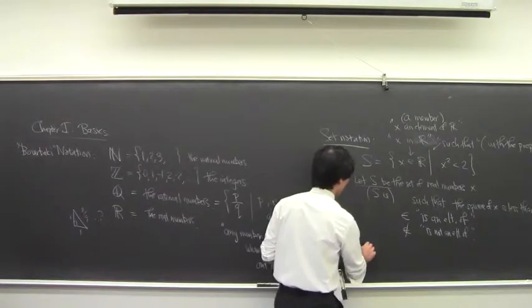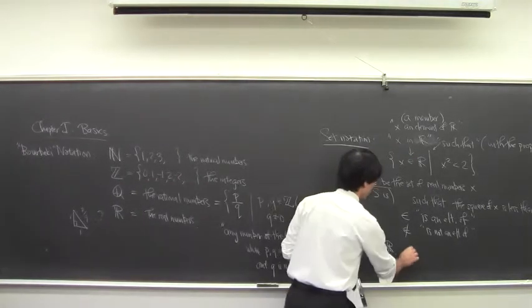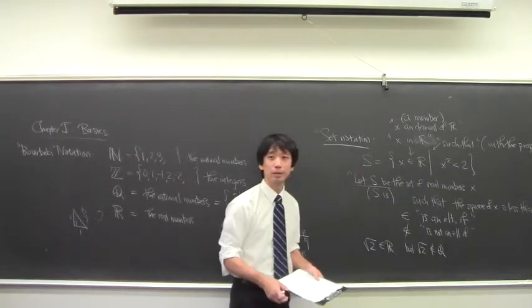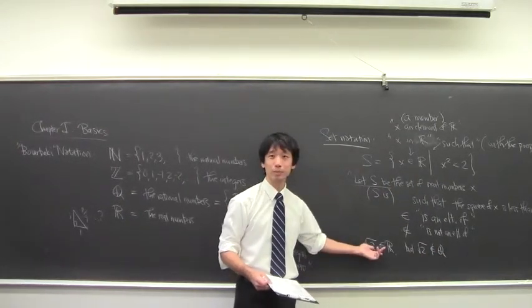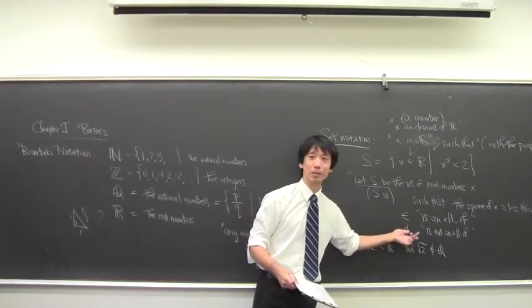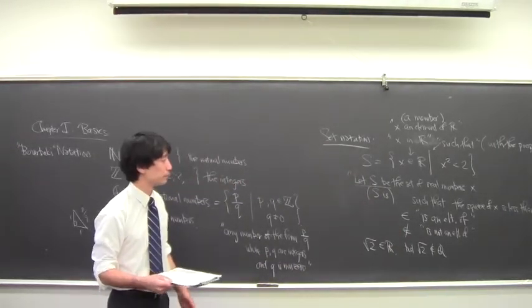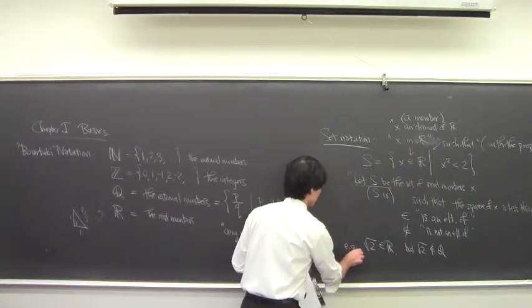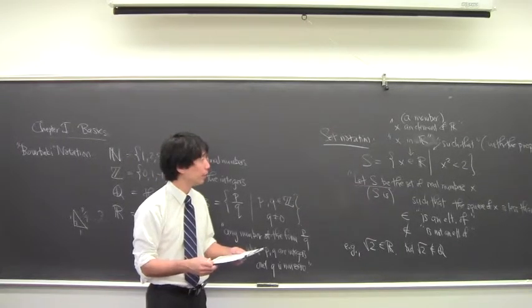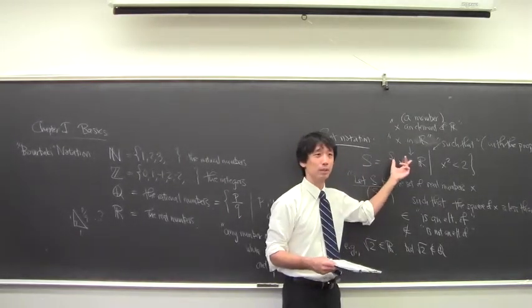So for example, if I write the square root of 2 is a real number, but the square root of 2 is not a rational number. That's how people write it. The square root of 2 is a real number, but the square root of 2 is not a rational number. So this is basic set notation.